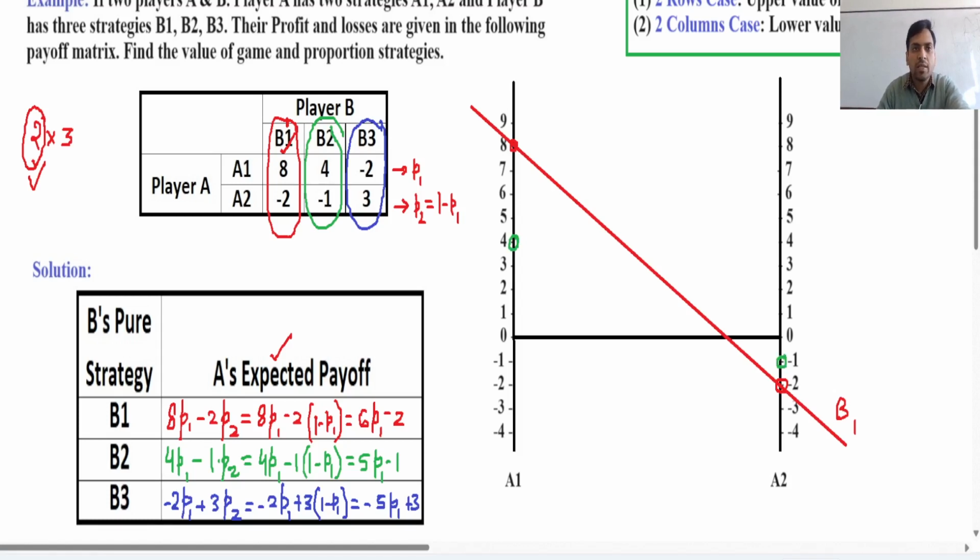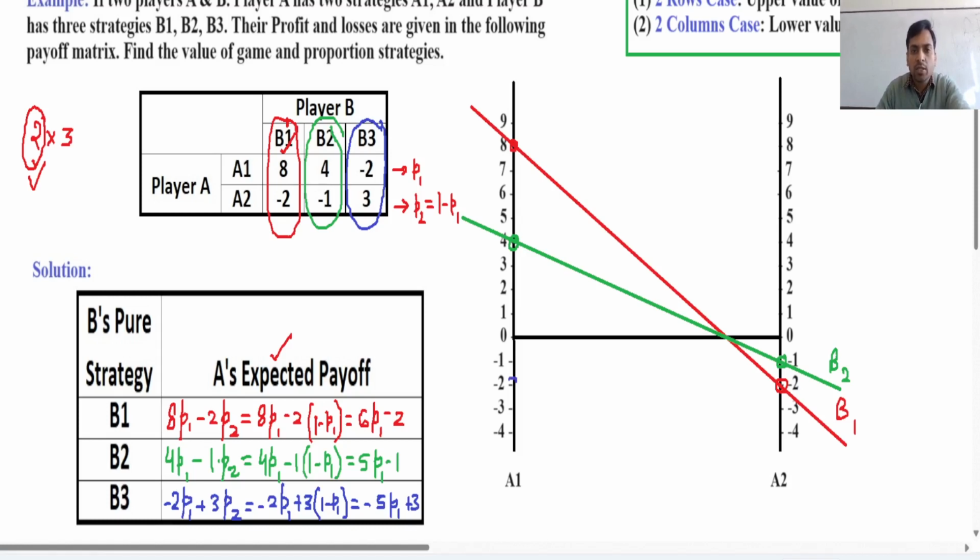Now we will match these points. So this is minus 1 and this location is 4. And the name of this second strategy is B2. Now the third, minus 2 and 3.